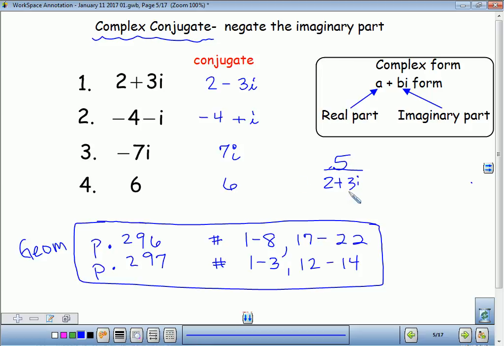In this form, if i represents the square root of something, am I allowed to leave it in the denominator? No. So how do I get rid of it? Times i. That's where the conjugate comes into play. We're going to look at that tomorrow.